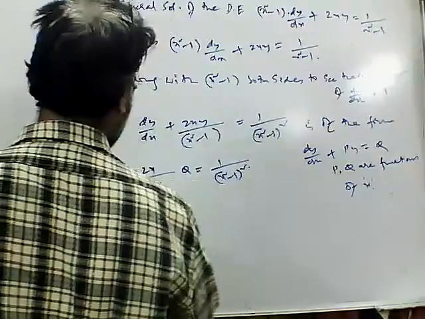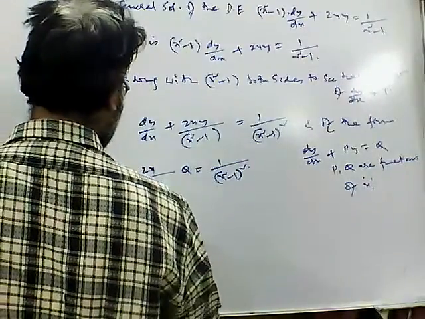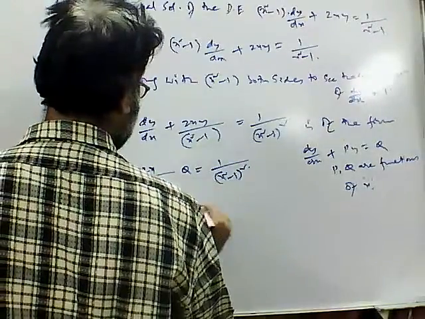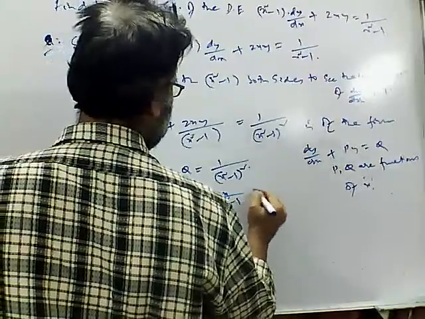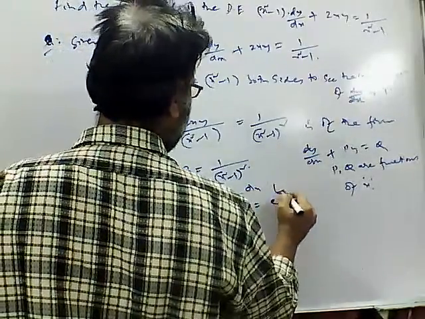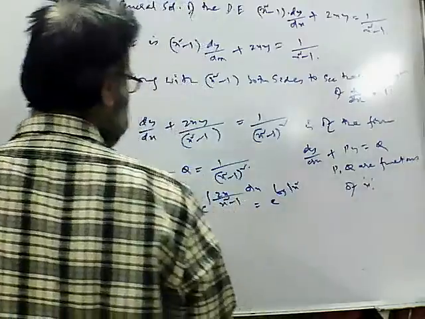IF is equal to e power integral p dx, which is equal to e power integral 2x by x square minus 1 dx, which is equal to e power log (x square minus 1), which is equal to x square minus 1.